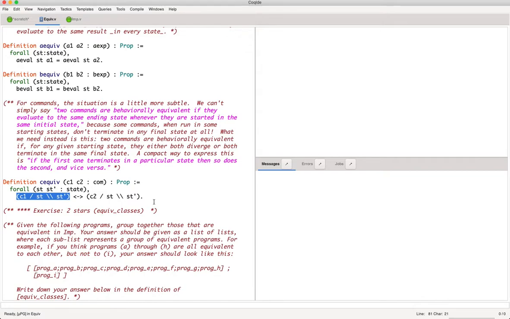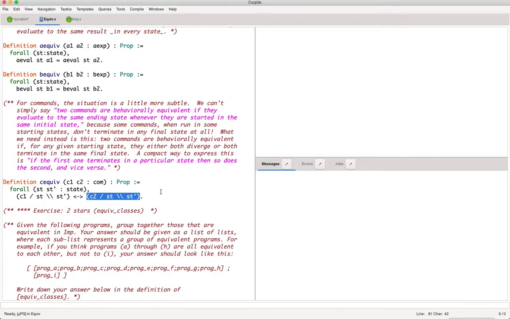Okay, so for example, if C1 never terminates, no matter what state you start in, then this highlighted piece can never hold. And then we would require the other side to never hold as well. So C2 should never terminate in any starting state.